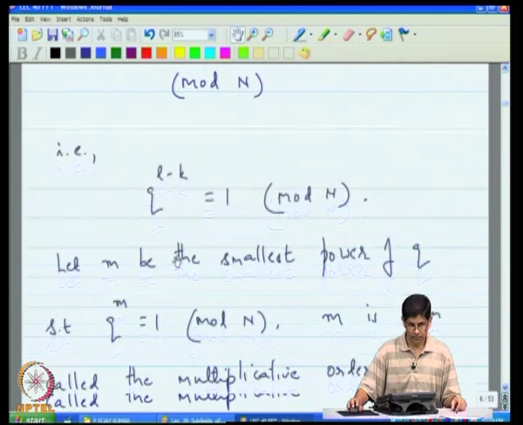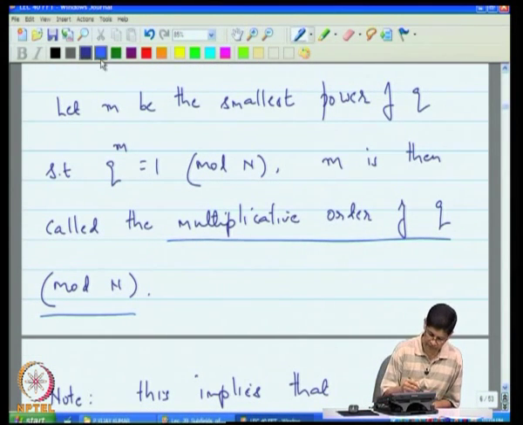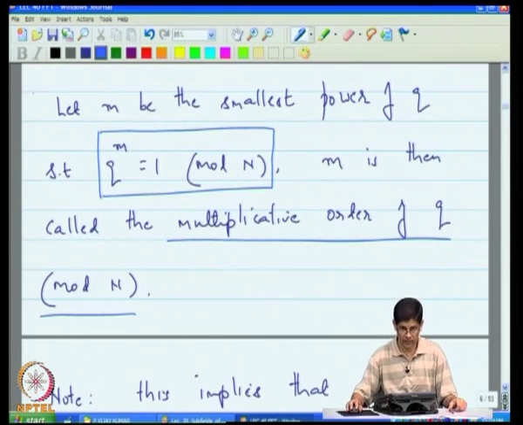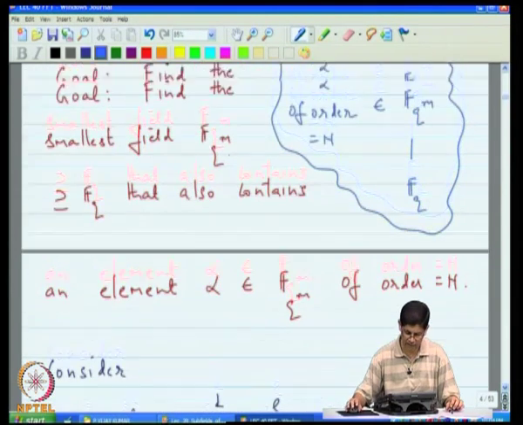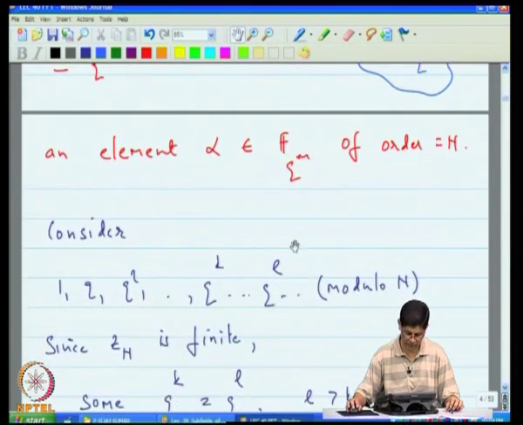Why would you keep doing this? The reason is the focus is on this equation over here. This equation is key, because what you really are going to do is exploit this equation. Remember, our hunt is for this element alpha whose multiplicative order is n. That is what we are actually hunting for.